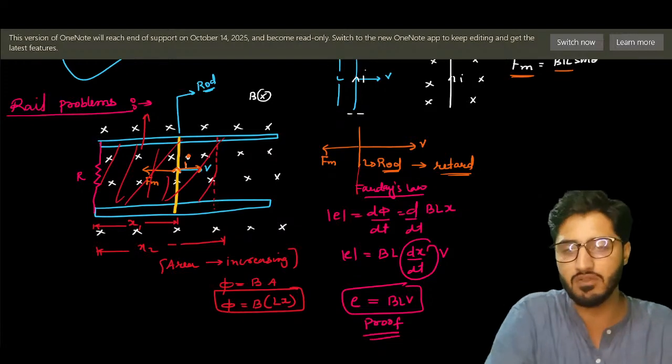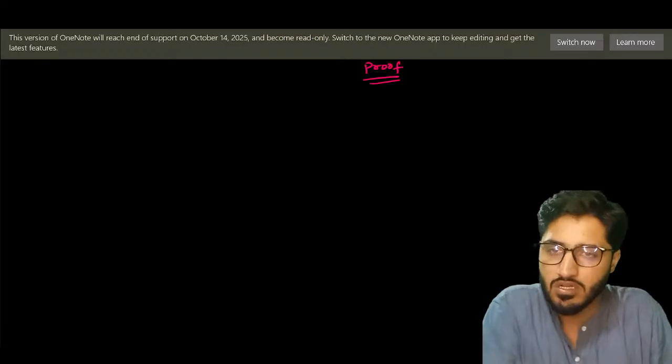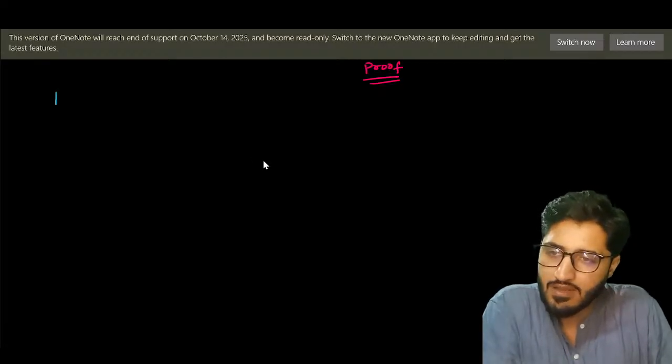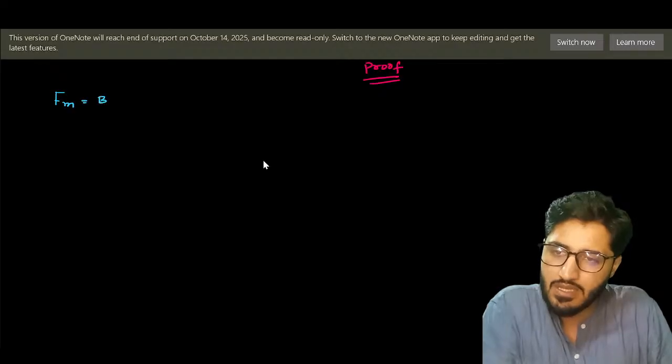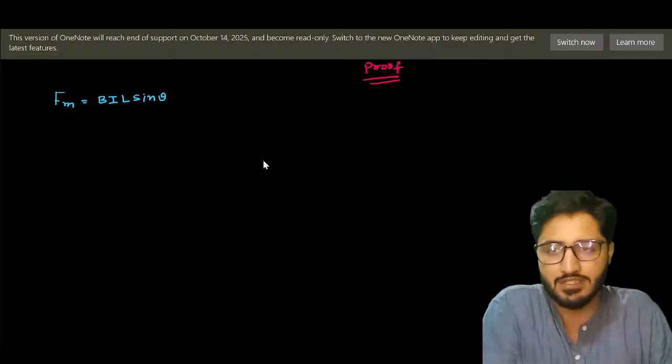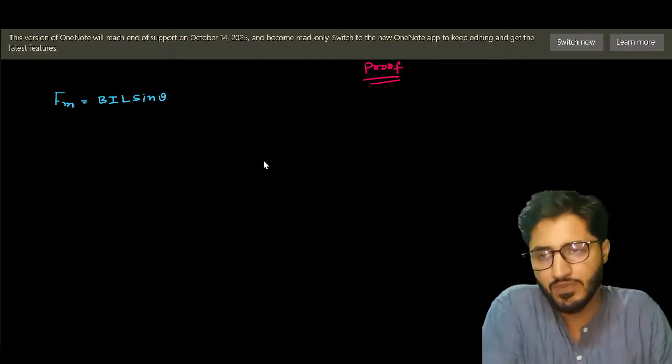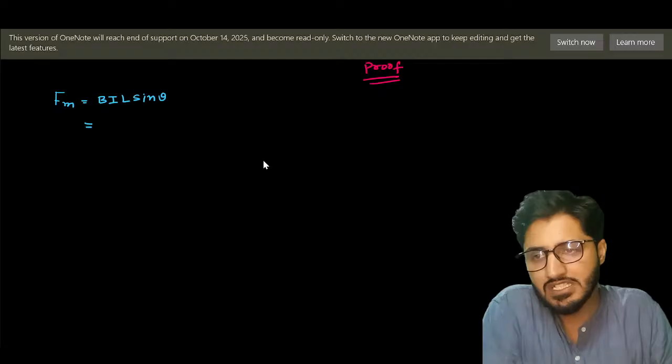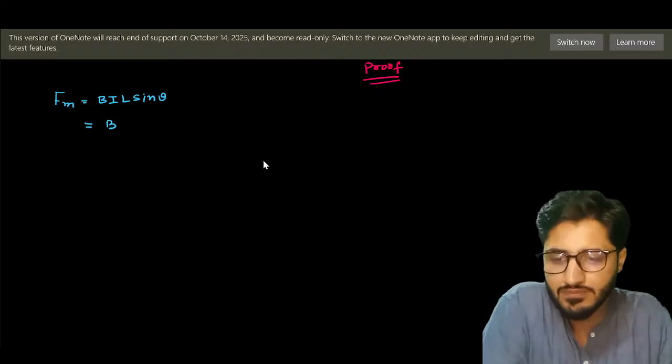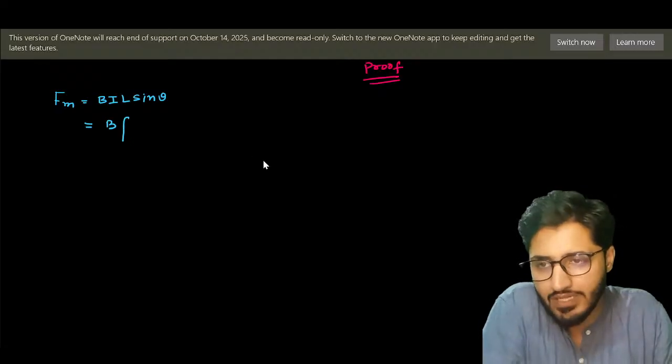How can we write it now? Sir, my magnetic force Fm is BIL sine theta. Yes, sir, it is. So look now, what is B? B is B. What is I now? The induced current.